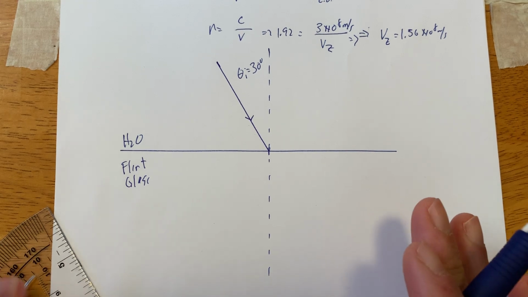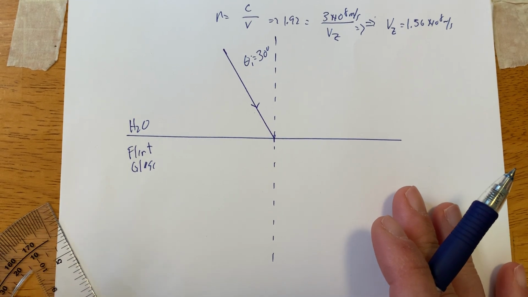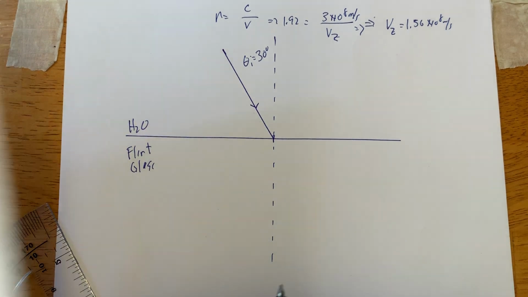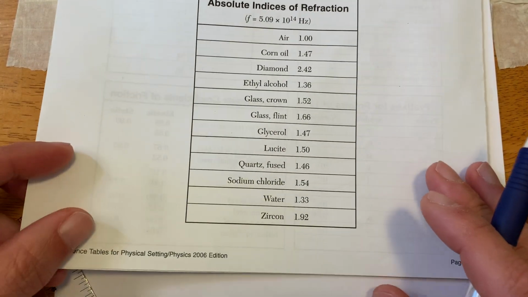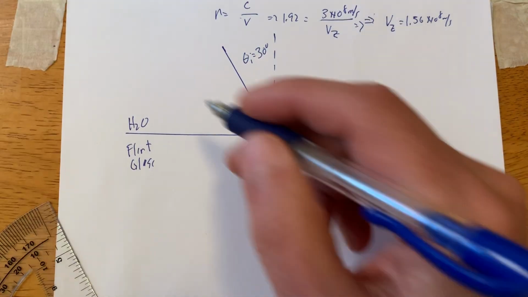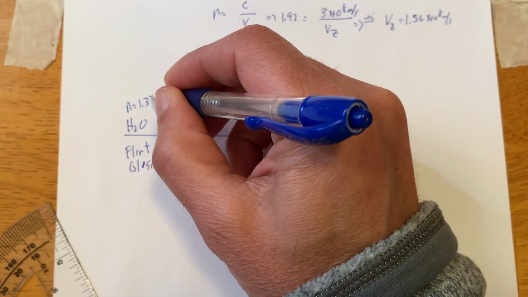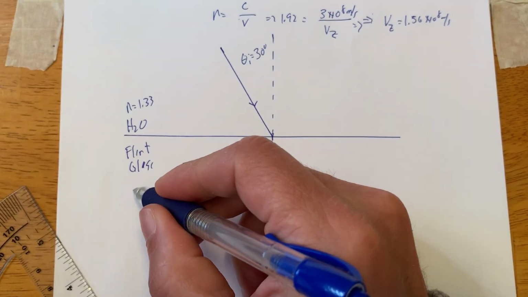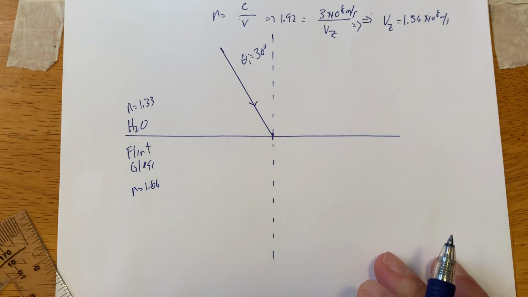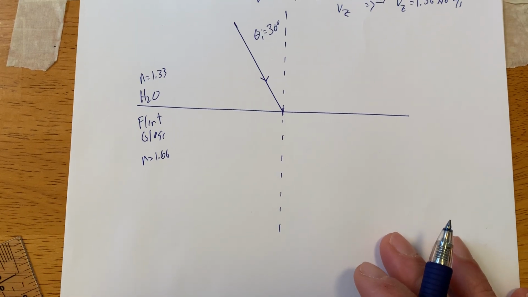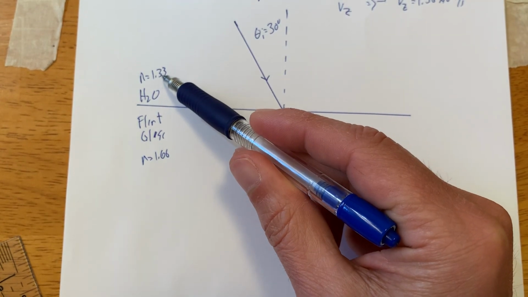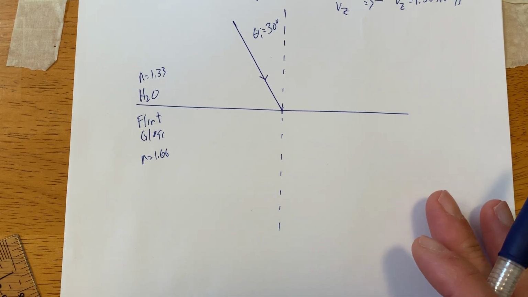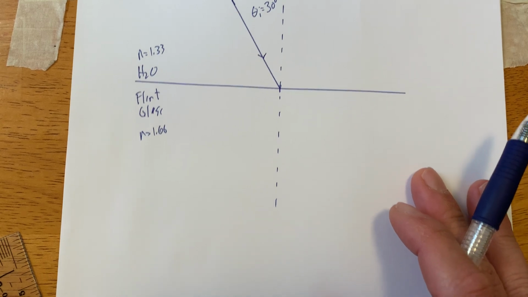Is it going to speed up or is it going to slow down? Well, how am I going to tell? One way to tell is just by looking at my indices of refraction. So where's my water? 1.33. So n is equal to 1.33. What's my flint glass? 1.66. So hopefully you're going to say, well, I'm going from a low index of refraction to a high index of refraction, so it's going to slow down. Well, let's take a look.